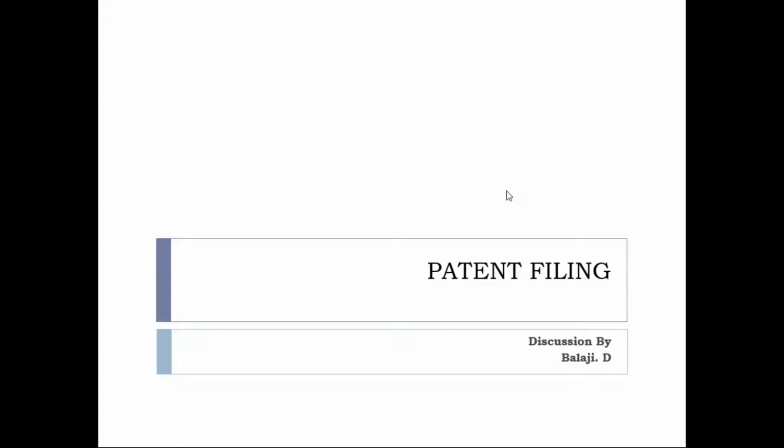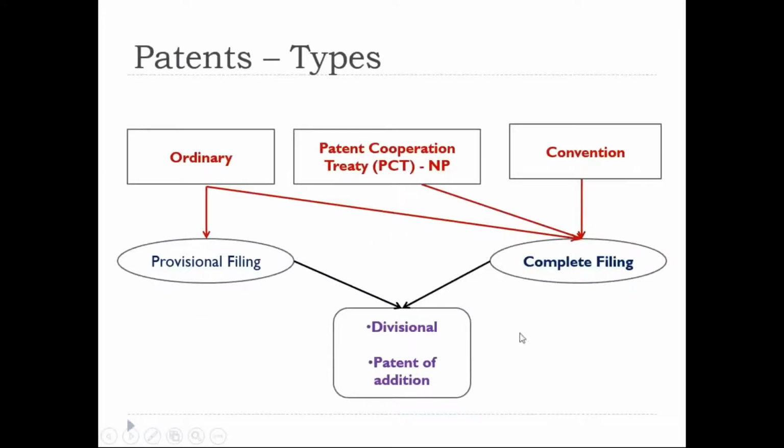So the foremost important thing we need to understand is what terminologies we really need to be familiarized with. What are the things we should be thorough with before we move towards patent filing? There are different forms to be filled by the applicant or inventor or by the patent agent or patent attorney.